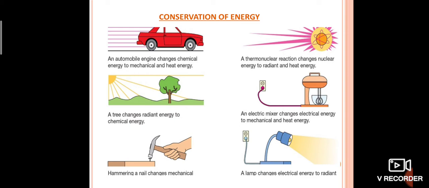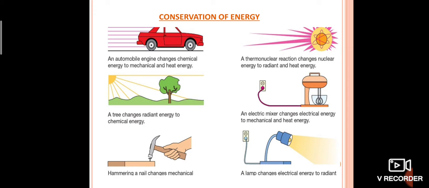An automobile engine changes chemical energy to mechanical and heat energy. Here chemical energy is nothing but fuel provided to the engine. Chemical energy is converted to mechanical energy, that is the fuel changes from chemical state to the mechanical state. Mechanical energy is nothing but the car moving from one place to another place.